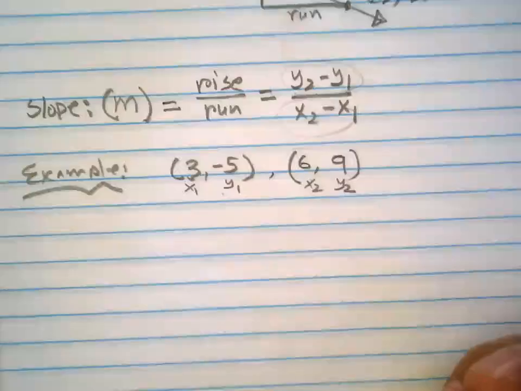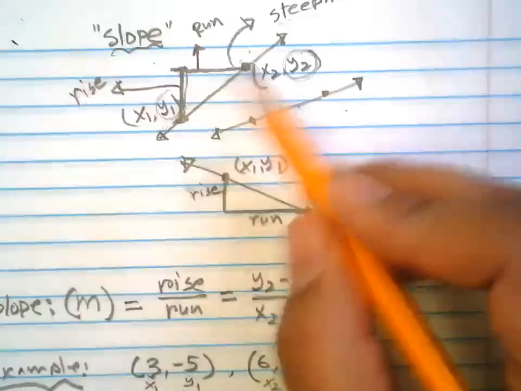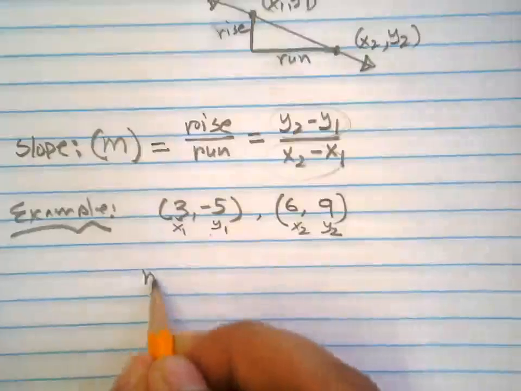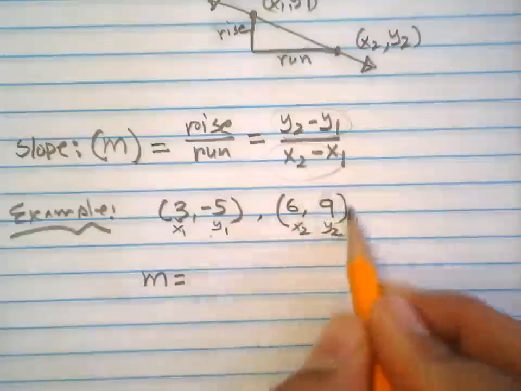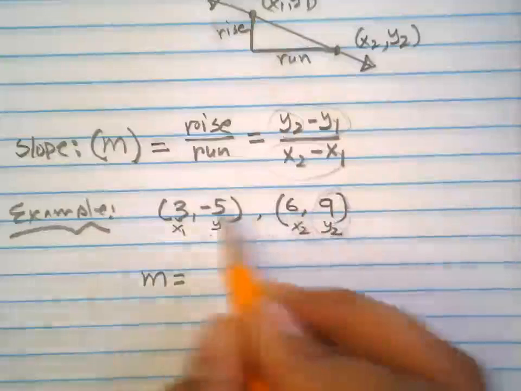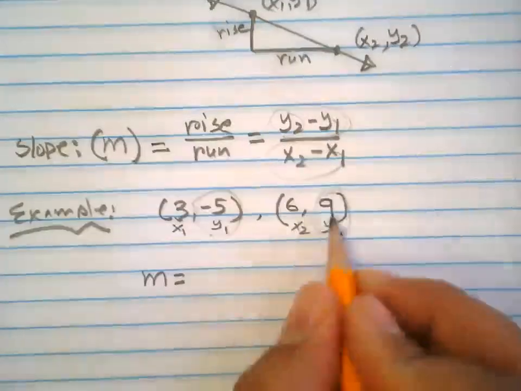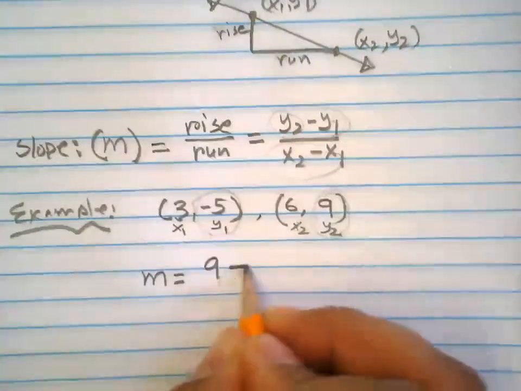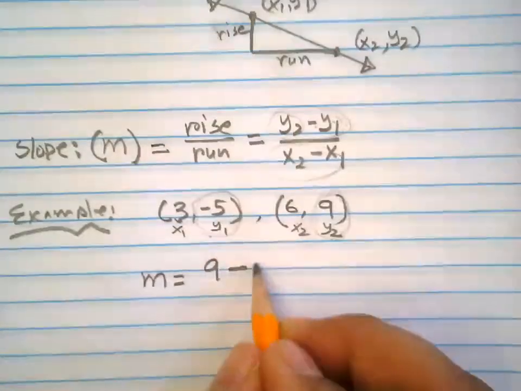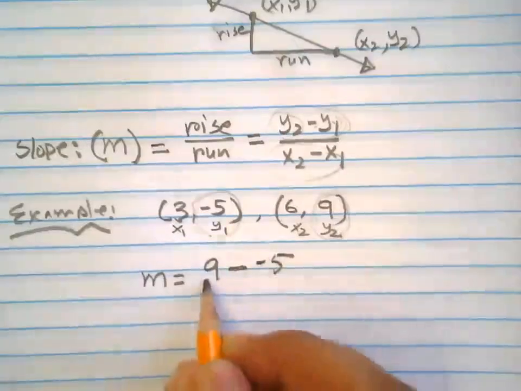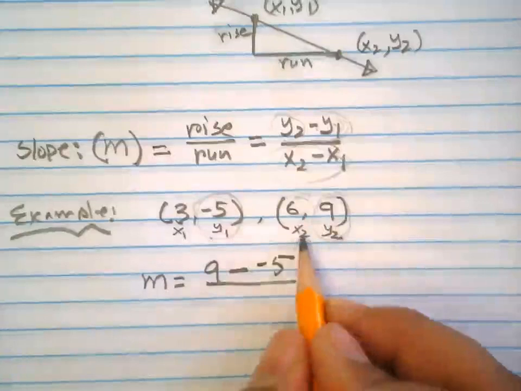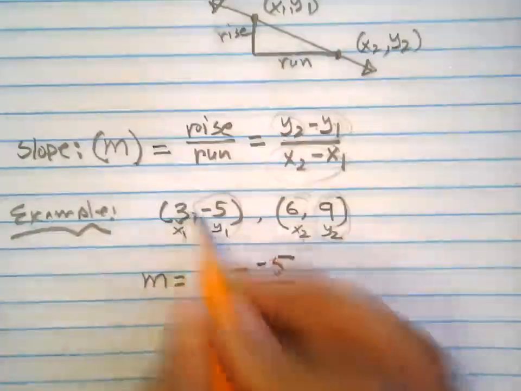The slope m is y2 minus y1. y2 is 9, minus y1, which is negative 5, over the run, x2 minus x1, which is 6 minus 3.